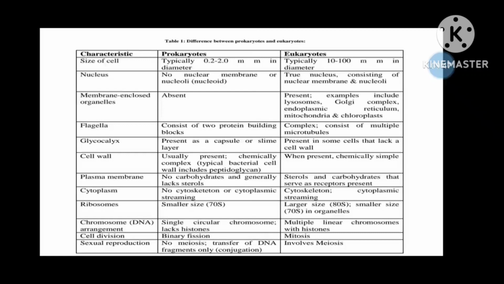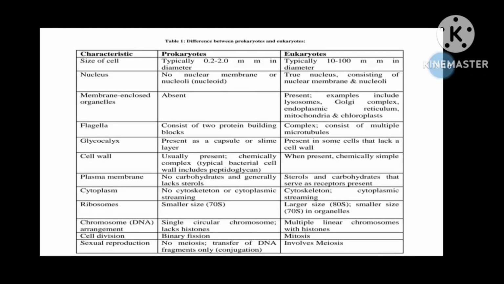The cell wall is usually present, chemically complex, typically in bacterial cells, including peptidoglycans. Means in bacterial cells, the cell wall is present, but that is made up of peptidoglycans. But in eukaryotic cells, they are chemically simple. You know that in plant cells, the cell wall is made up of cellulose.